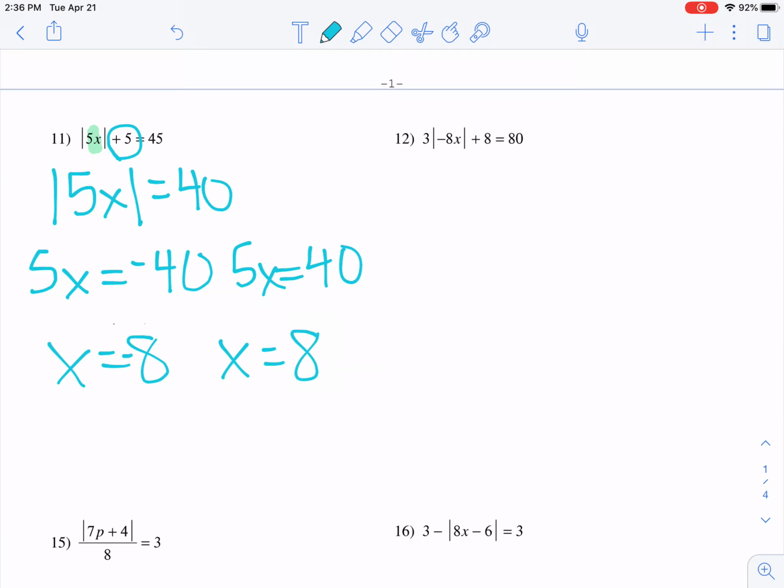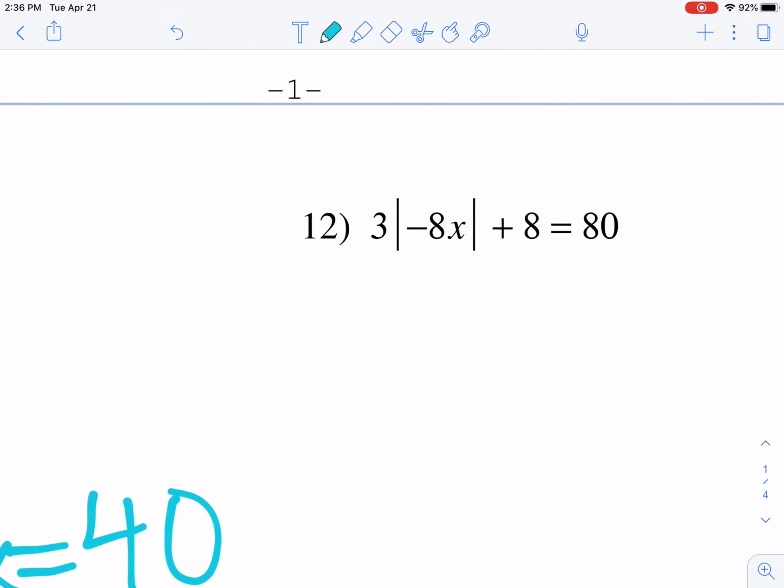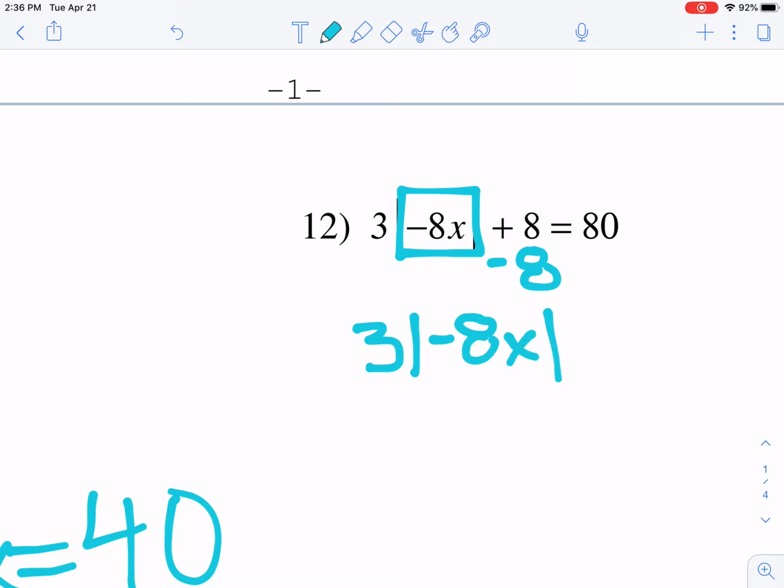On the other side, it gets a little bit more difficult because I have a lot of steps here. First I need to get what's in the absolute values by itself. I'm going to do that by subtracting 8. So I'm left with 3 times the negative absolute value of x equals, and from subtracting 8, I get 72.